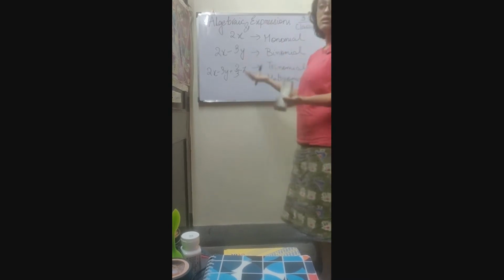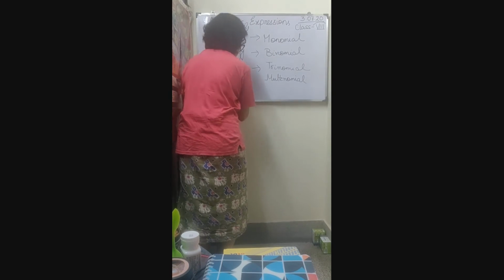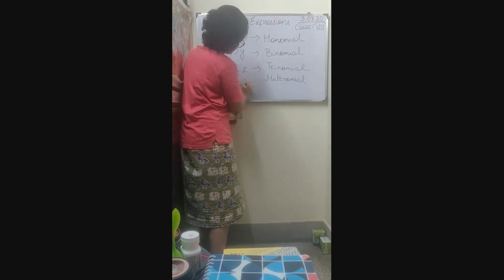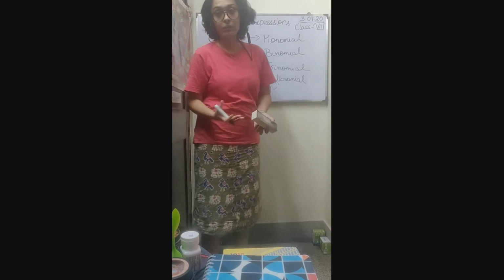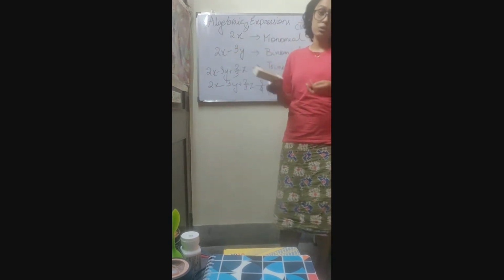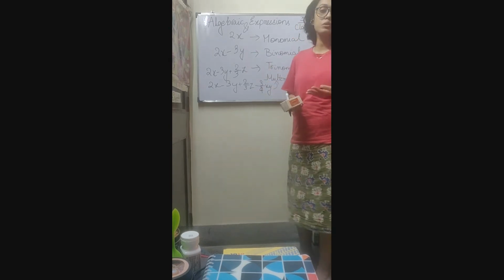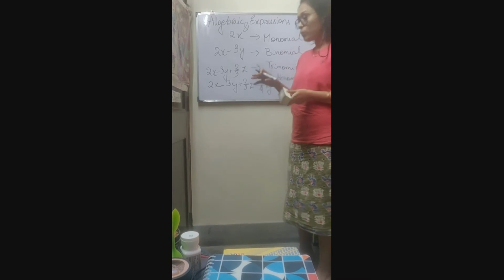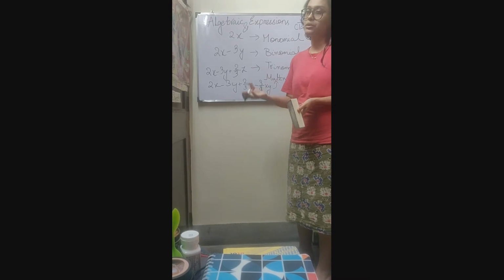It will have more than 3. So I can write it as 2x minus 3y plus 2 by 3z minus 3 by 4 xy. This is a multinomial. So in your chapter, there will be questions where algebraic expressions will be given, and you will have to figure out whether it's a monomial, binomial, trinomial or multinomial.